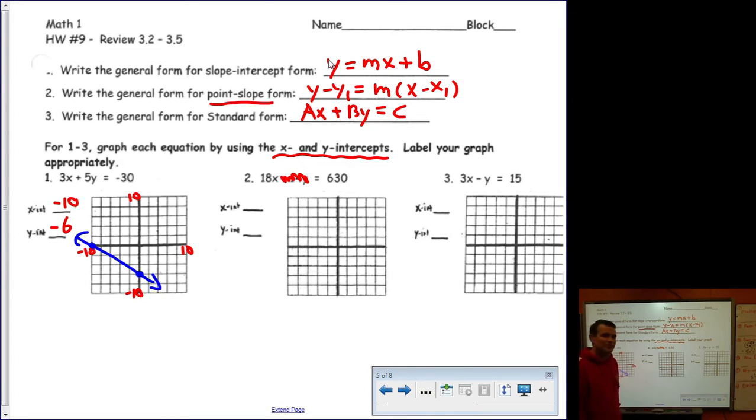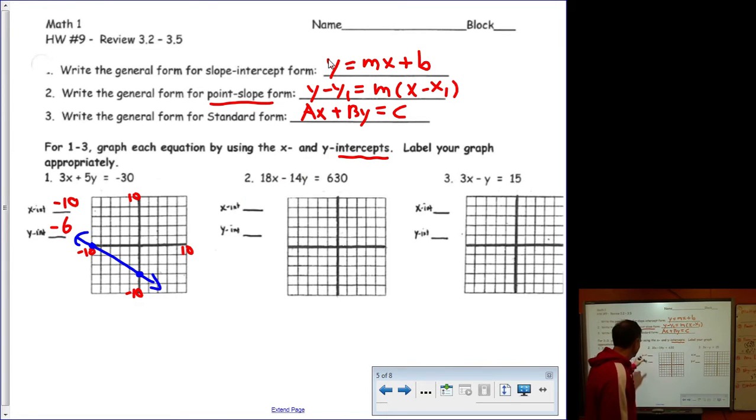the x-intercept would be when I put 0 in for y. So that would be 630 divided by 18, which is 35. Let me check that. Is that right? 540 and 90. Sure.